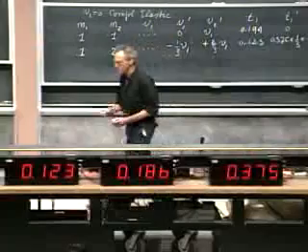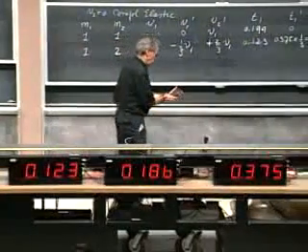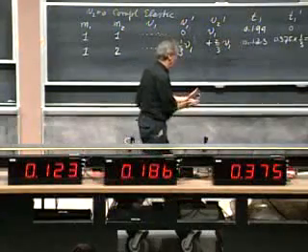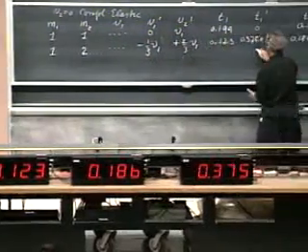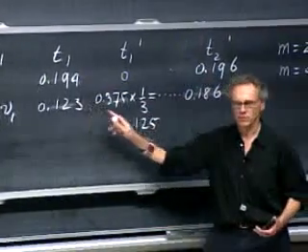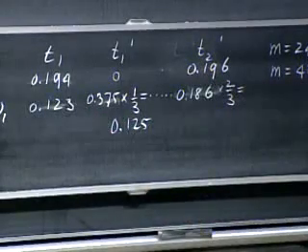Okay, let me be lazy, and let me use my calculator. 375 divided by 3. I could have done that by heart, of course. This is 0.125. An amazing agreement. Amazing. Only 2% off, less than 2%.